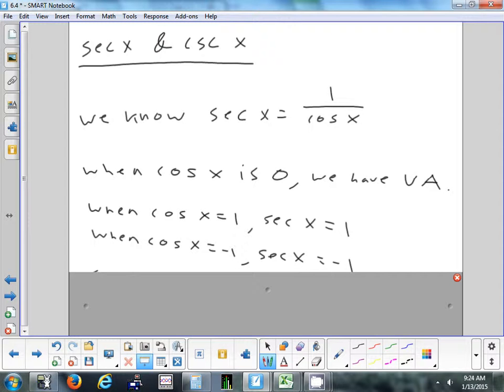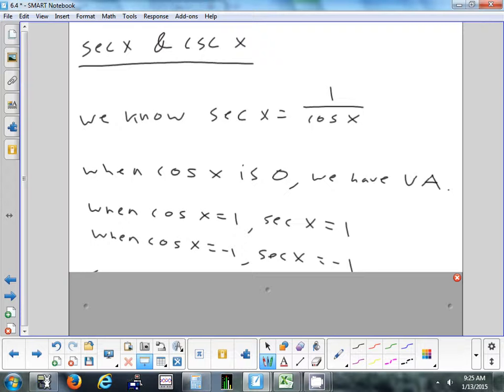My next question is, does secant ever equal 0? Look at that fraction on the right-hand side. 1 divided by a number. Can 1 divided by a number ever be 0? No, that's not possible. We're pretty limited with cosine. Cosine only goes as high as 1 and as low as negative 1. But pretend you could let this number in the denominator be anything you wanted.